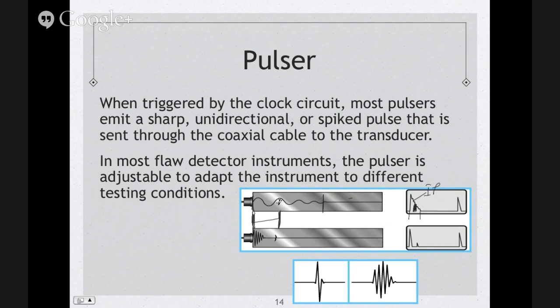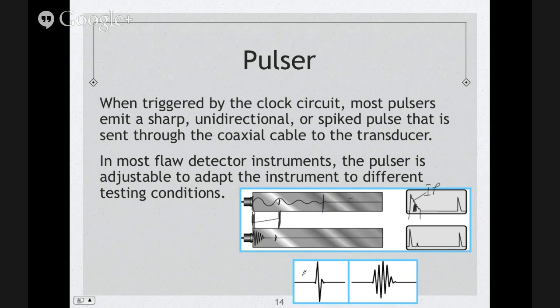So if this is near the surface and you have a long pulse, your near surface resolution is going to be very poor. You're not going to be very sensitive. However, if you have a short pulse, if you're dampening, then the same indication, just because you have a shorter pulse, you're going to be able to see it clearly because it's not being hidden by that initial pulse, if it makes any sense.